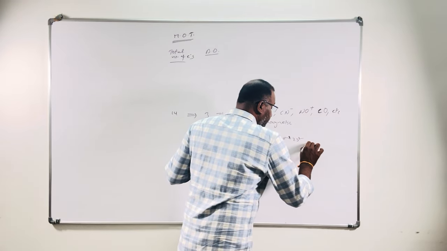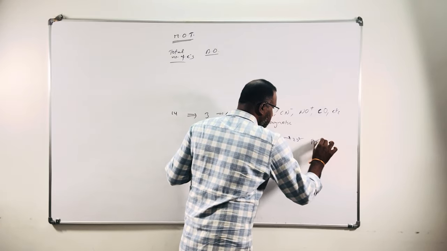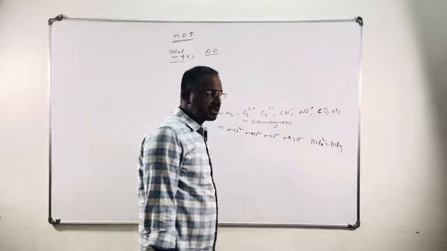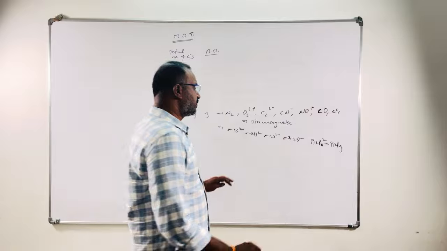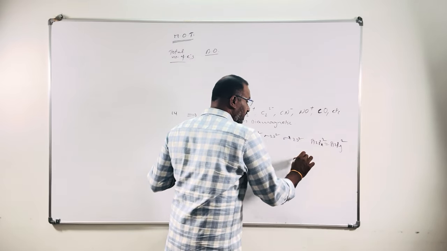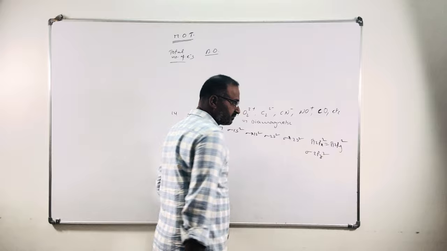After that, pi 2px and pi 2py both have the same energy, so I am writing pi 2px2, pi 2py2, so 8 plus 2 is 10, plus 2 is 12. After that sigma 2pz2 will be there.